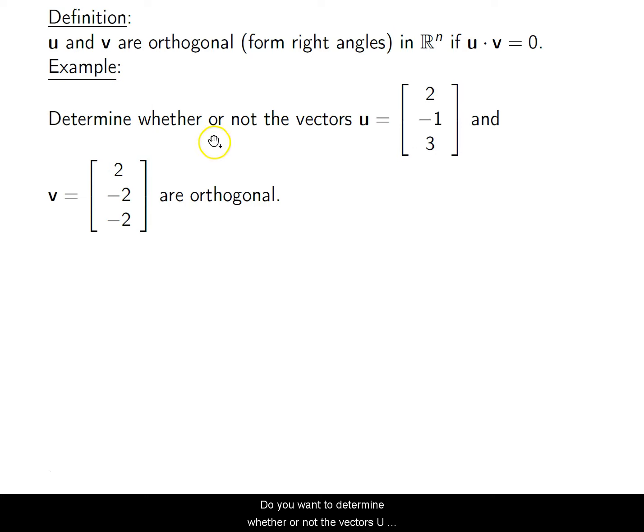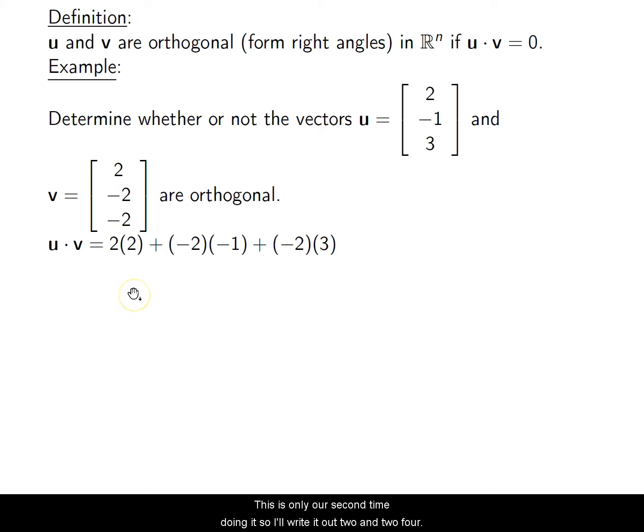We want to determine whether or not the vectors u and v are orthogonal to each other. So we're going to take the dot product. Once you do this a couple times, you can see very quickly whether it's true or not. You're really just multiplying those pieces together and adding them up.